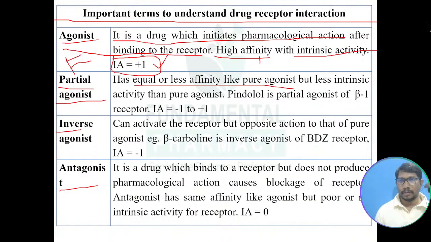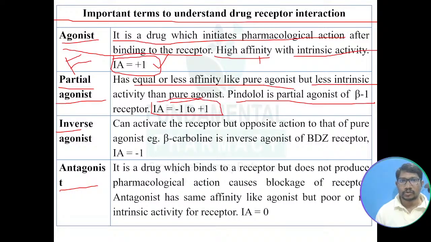So it has a less or equal affinity, but definitely a less intrinsic activity than a pure agonist or full agonist. For example, pindolol is a partial agonist to the beta 1 receptor. Intrinsic activity of a partial agonist can be said to be between -1 to +1.